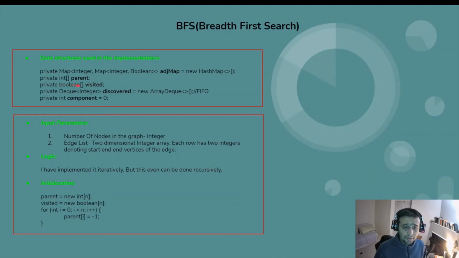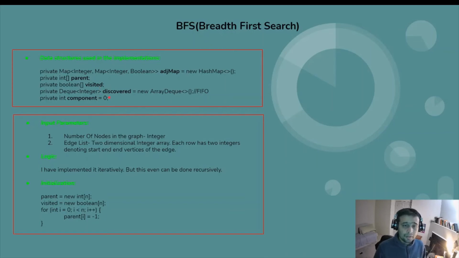And this is another array of boolean values. I will use this to mark the vertices visited. If they are visited, the value at that particular index will be true. Otherwise, by default it is initialized with false.